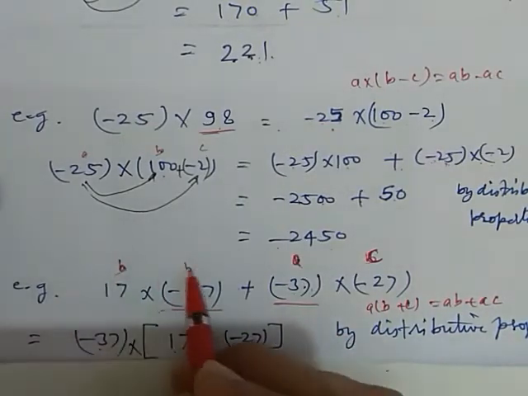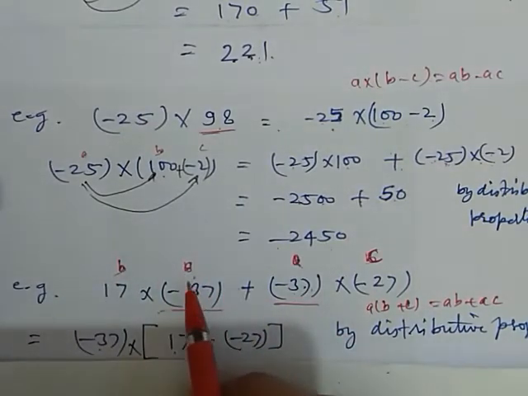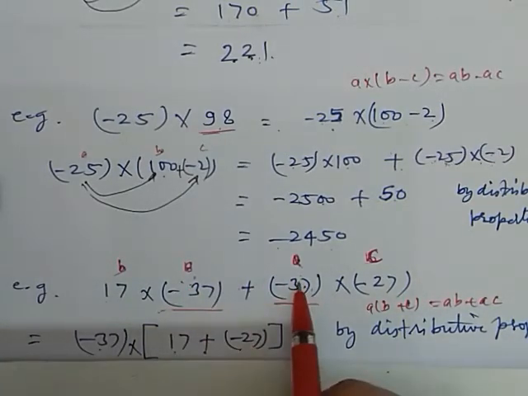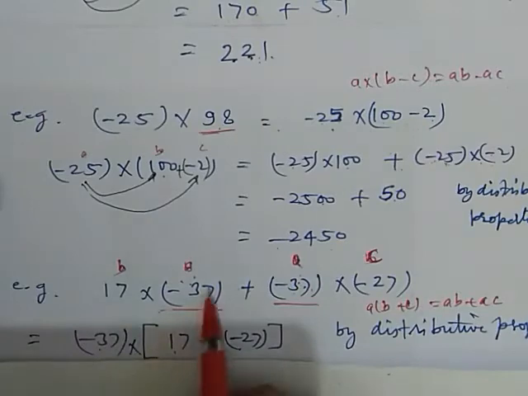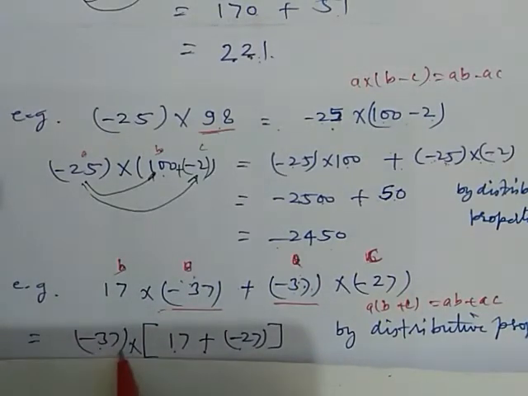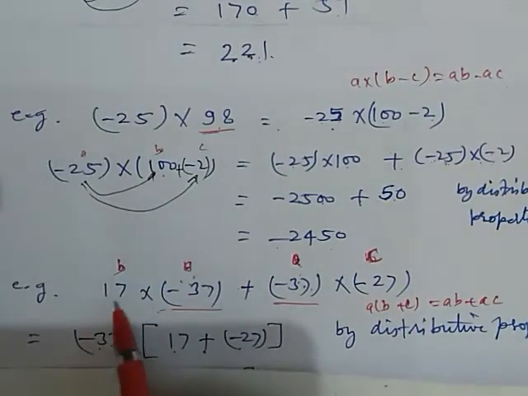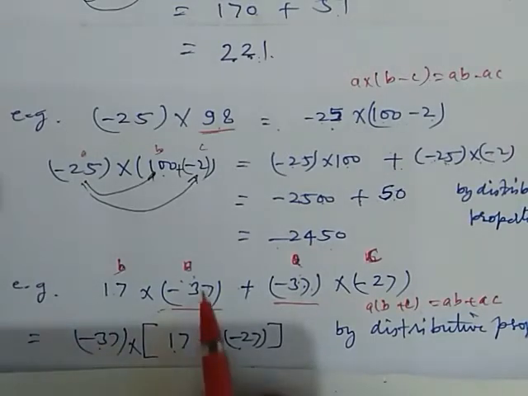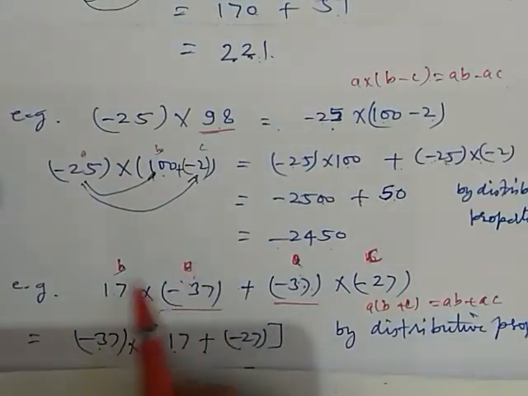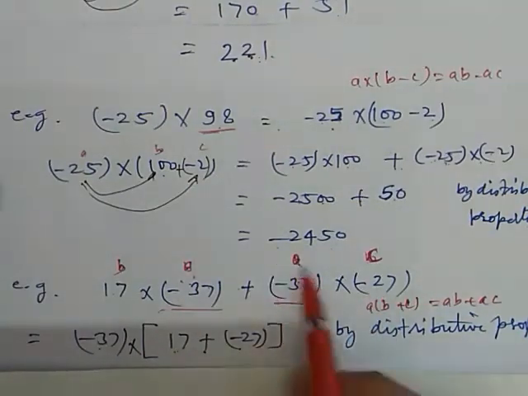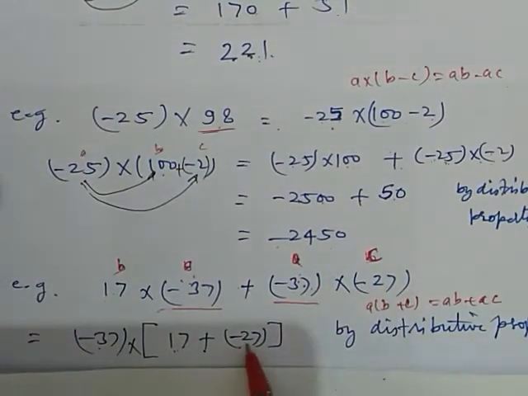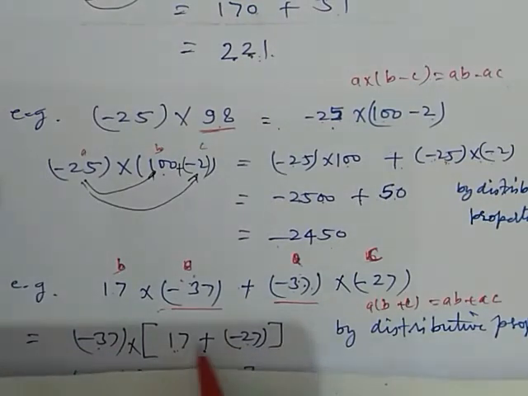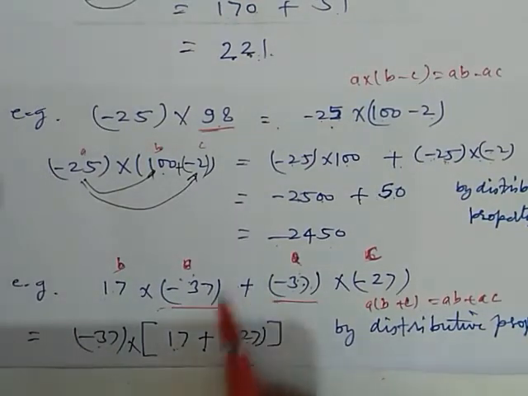Here this can be taken as A because this is common in both the terms. Now by taking minus 37 common, we are left with 17 here, and here with minus 27. This way we can make this easier.